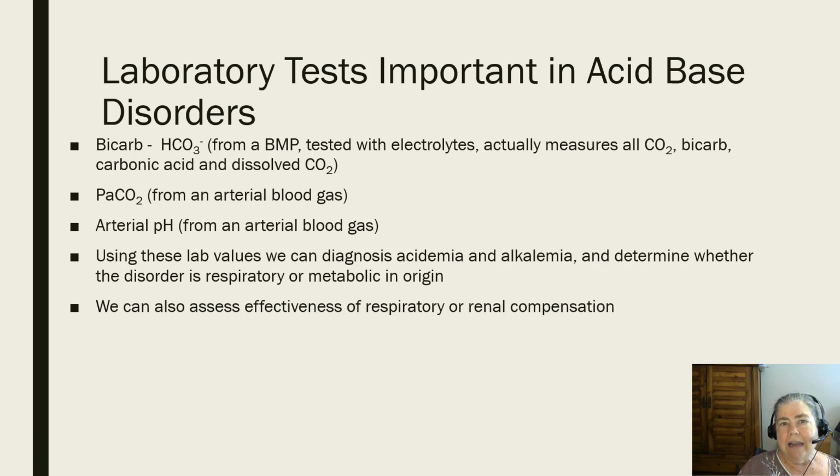So we do a lot of laboratory tests when we suspect acid-base disorders. Among the things that we test are electrolytes and a test called a BMP, or a basic metabolic panel, which tests sodium, potassium, chloride, bicarb, which is often reported as CO2 because it's measuring the bicarbonate ions, the carbonic acid, and the dissolved CO2, along with BUN, creatinine, and glucose.